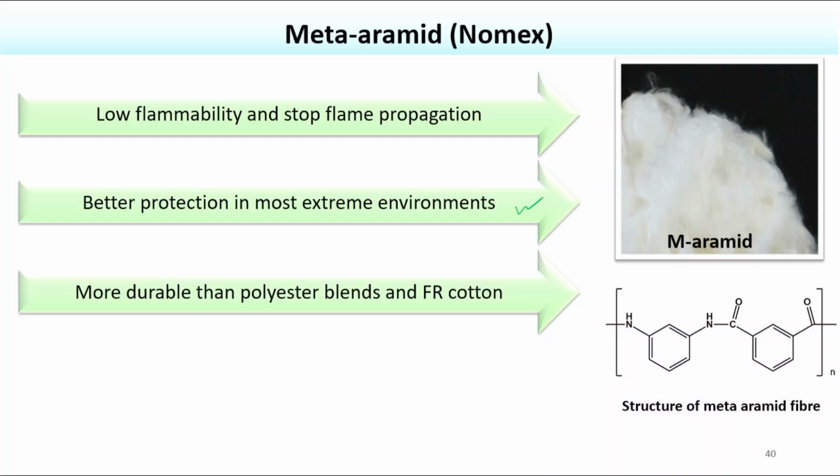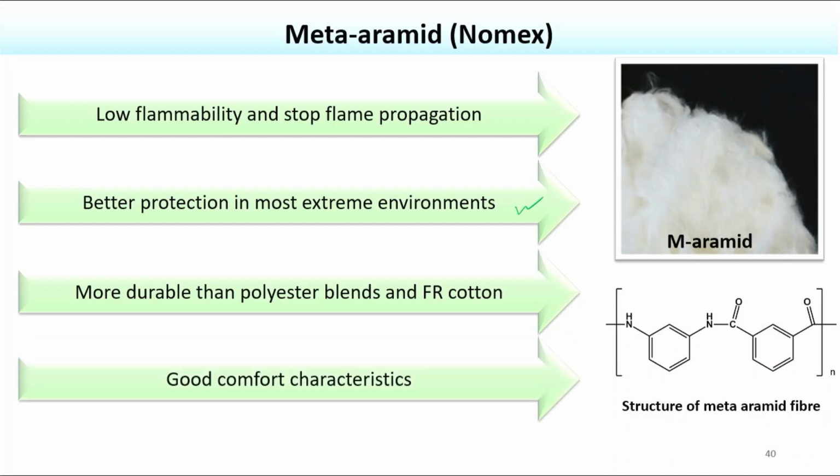More durable than polyester blend or FR cotton. So, this is more durable, so meta-aramid one can select. Good comfort characteristics. So, all the positive characteristics are there to produce fire protective clothing. So, meta-aramid is a good choice for fire protective clothing.